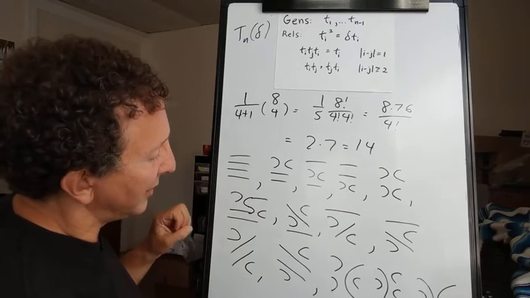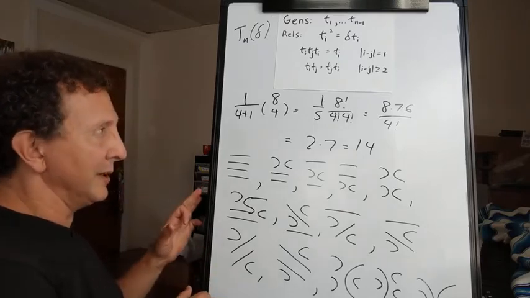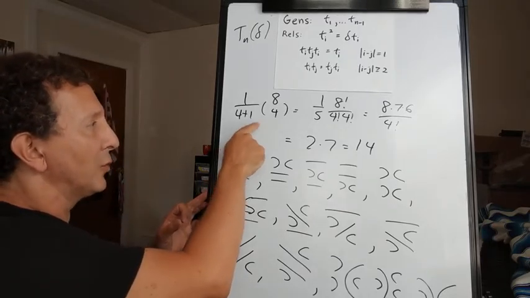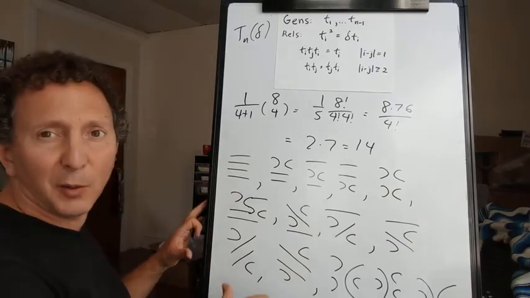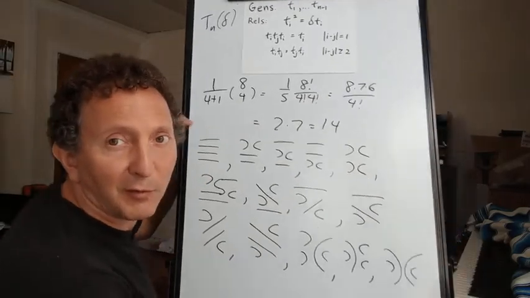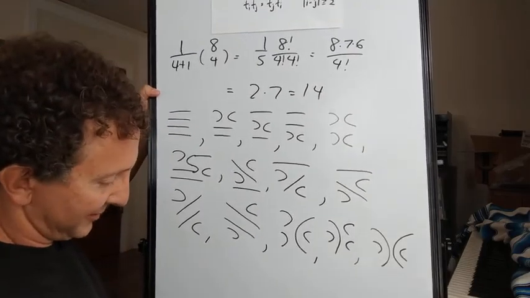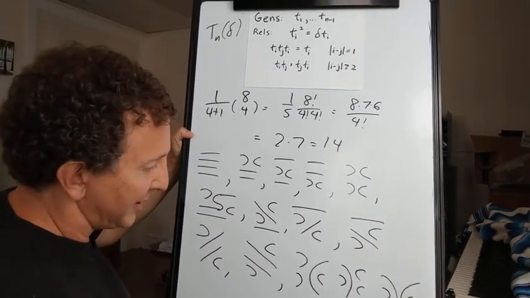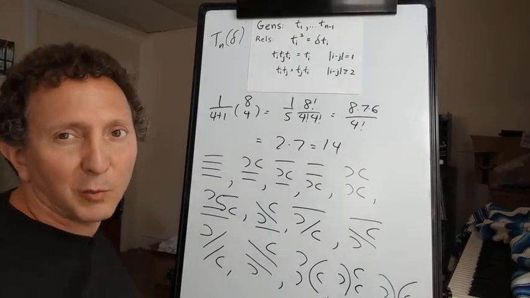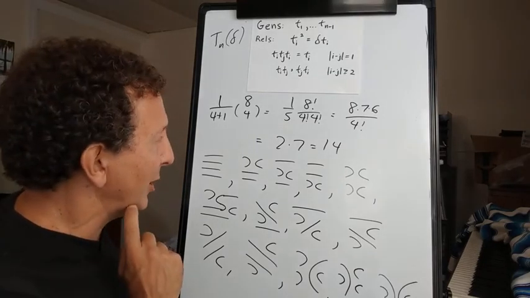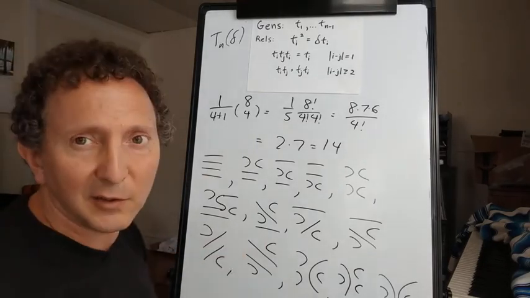Now still, I think we can't really eyeball it and say that 1 over n plus 1, 2n choose n, is the number of diagrams. I'm sorry, this went off the bottom. There they are. But pretty soon we'll look at a counting argument that helps us decide that yes, that is actually the formula.